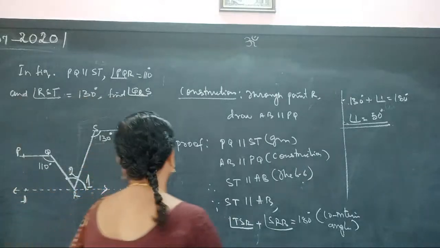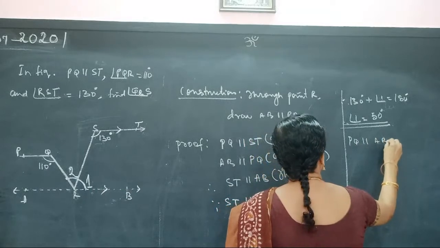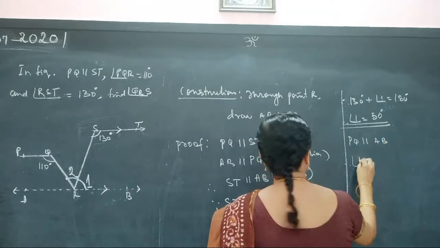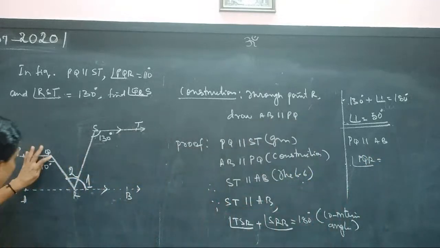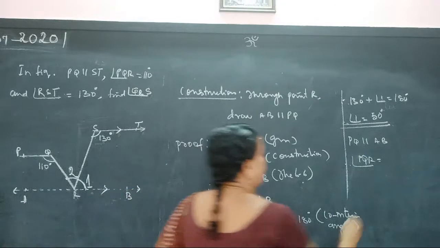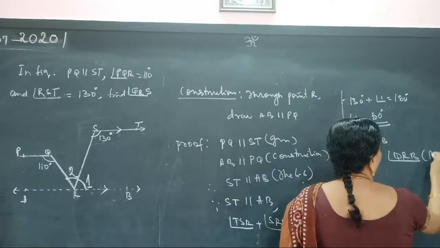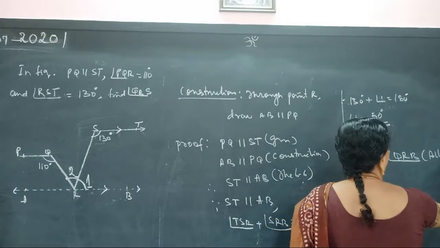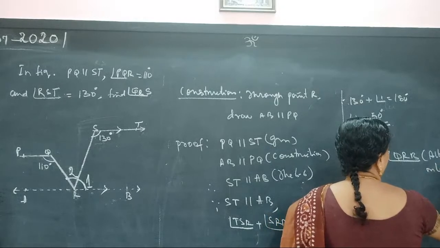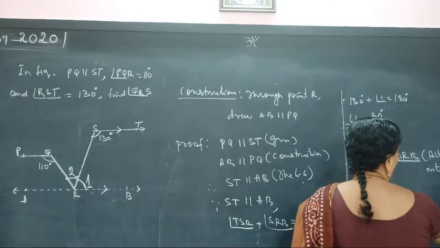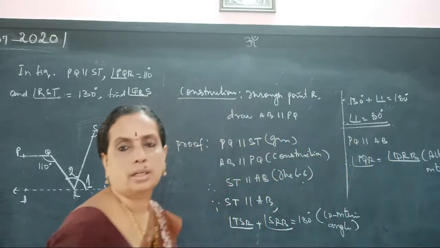Now again, PQ is parallel to AB. Therefore, angle PQR equals angle QRB. Reason: alternate interior angles. Clear?